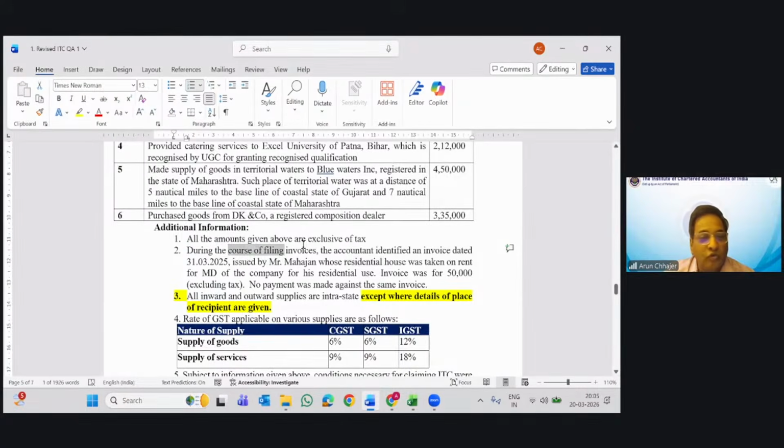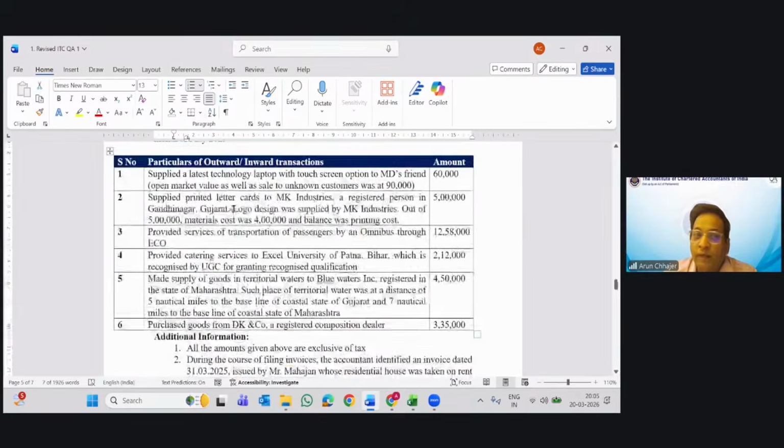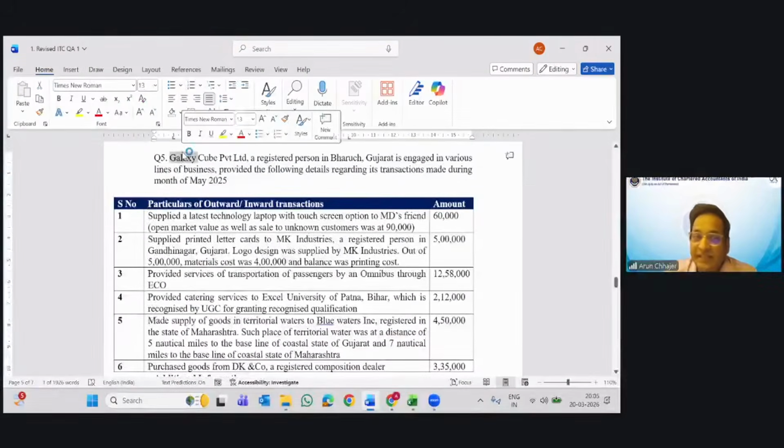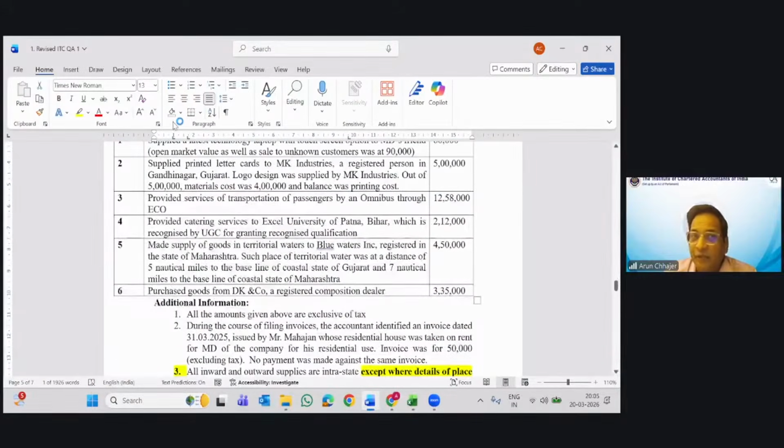During the course of filing, the accountant identified the invoice issued by Mr. Mahajan for the MD of the company for his residence. Can I say that this invoice was issued to the organization Galaxy? Can I say the renting invoice has been raised to that company only?